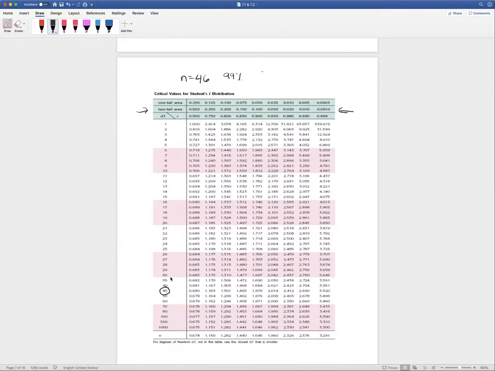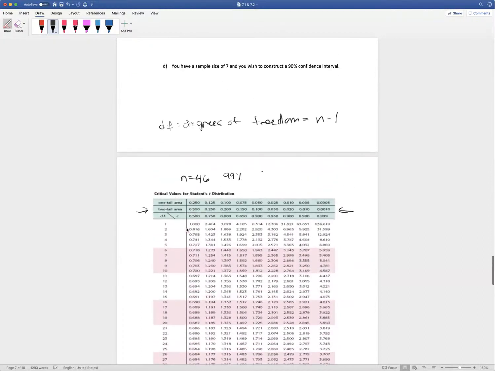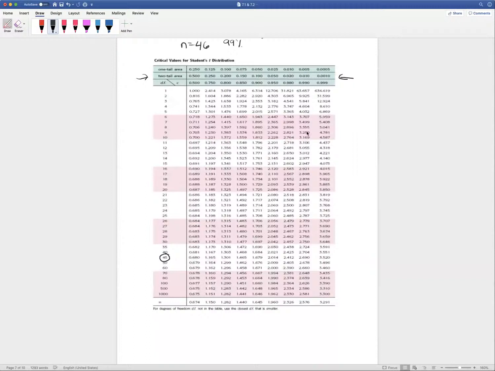Now notice, there are some cases where, let's say we had a sample size of something like 78. Well, 78 minus 1 gives us 77. And if you take a look over here, there is no degrees of freedom for 77. But if we read down here, for degrees of freedom not found in the table, use the closest degrees of freedom that's smaller.